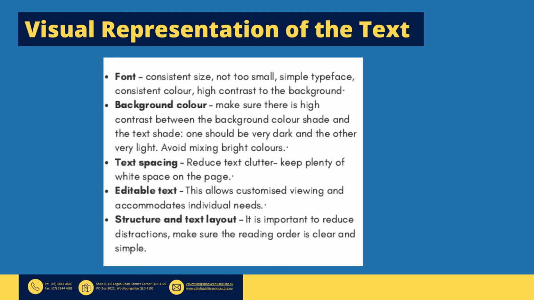One should be very dark and the other one should be very light. Avoid mixing colors. Text spacing, reduce text clutter. Keep plenty of white space on the page. Sometimes it's helpful for extra space to be put between certain important concepts you want children to learn.